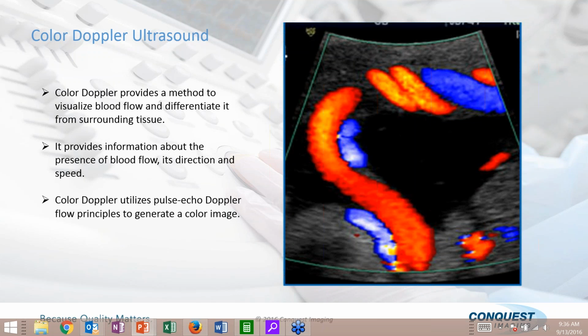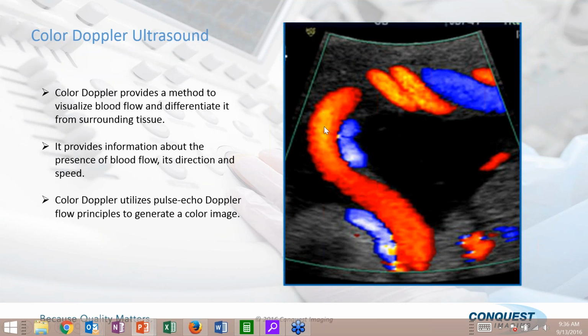Blood going towards the transducer is one color, blood going away from the transducer is another color. Higher velocities are lighter and lower velocities are darker. If you look at this image, it is an umbilical cord in an expecting mom, and we actually have 3 different vessels here.